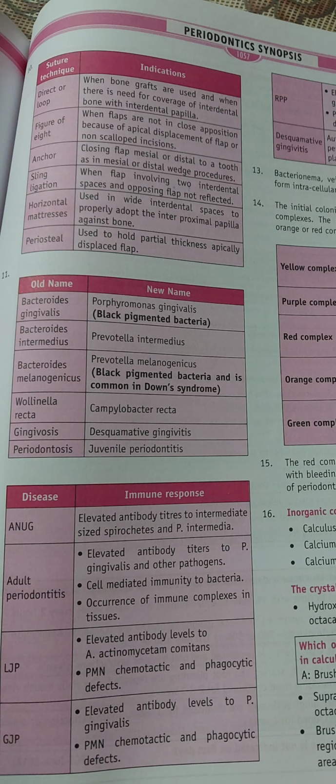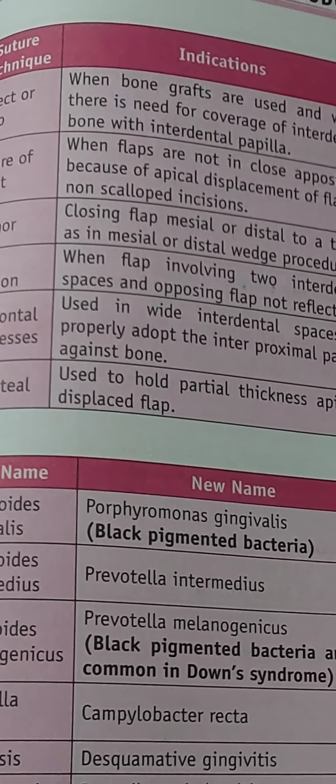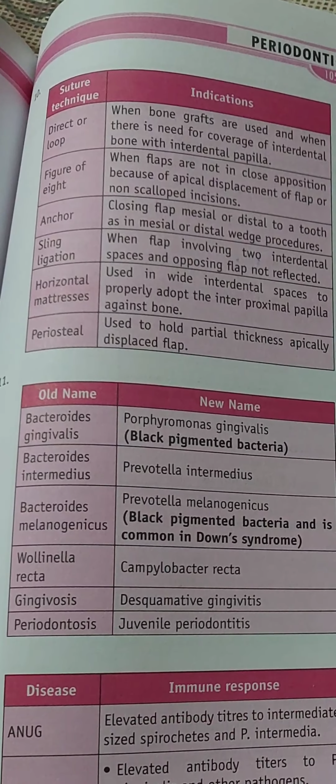Okay, so let's get started. This is the table. In the previous videos I have covered a number of curettes: Gracey curettes, universal curettes, the classifications, and their modifications, that is extended shank curettes, mini blade curettes, that is After Five or Mini Five curettes, American Gracey curettes, Langer and mini Langer curettes.